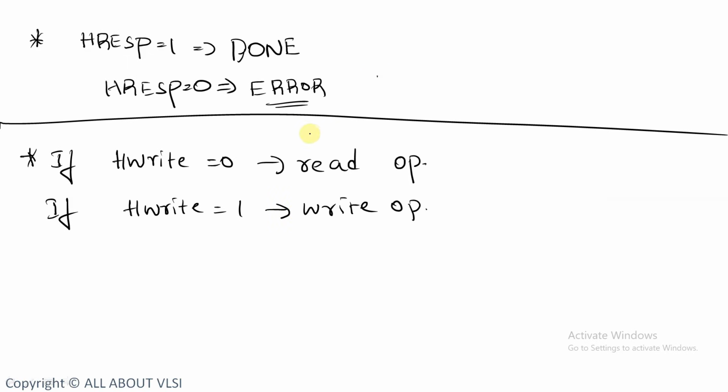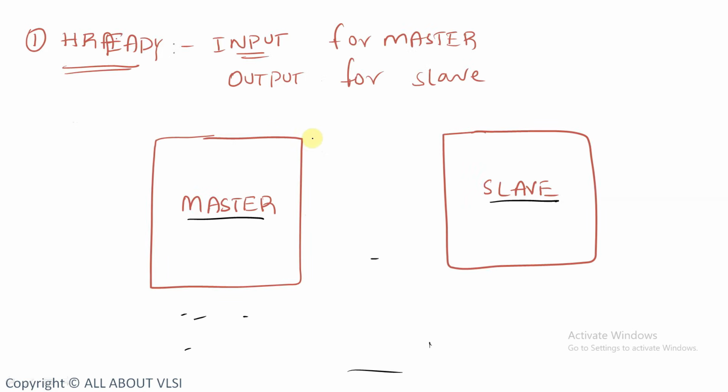Now let us try to understand what we mean by write operation and read operation. In the case of write operation, the data direction is from master to slave. So whenever HWrite is equal to 1, the data will transfer from your master to the slave. And whenever HWrite is equal to 0, that is a read operation, and the direction is from slave to master.